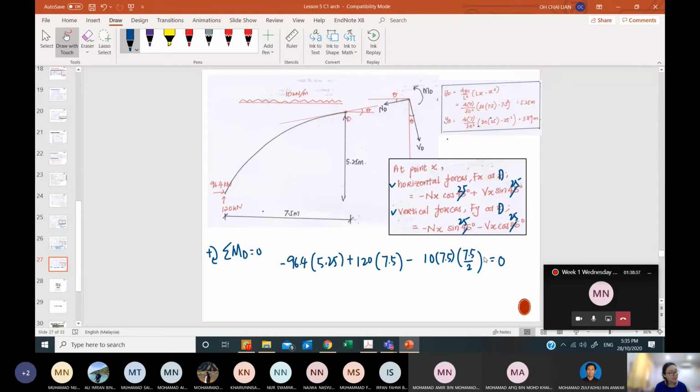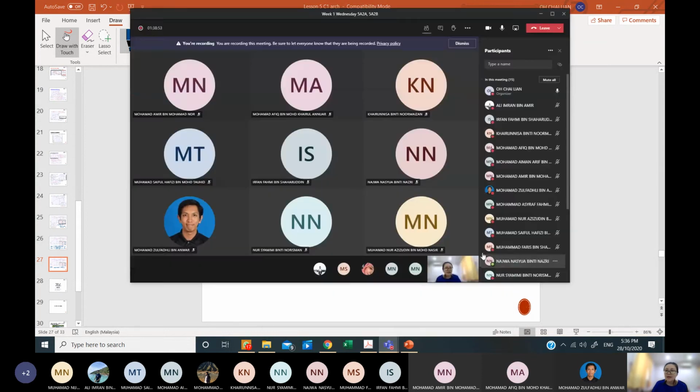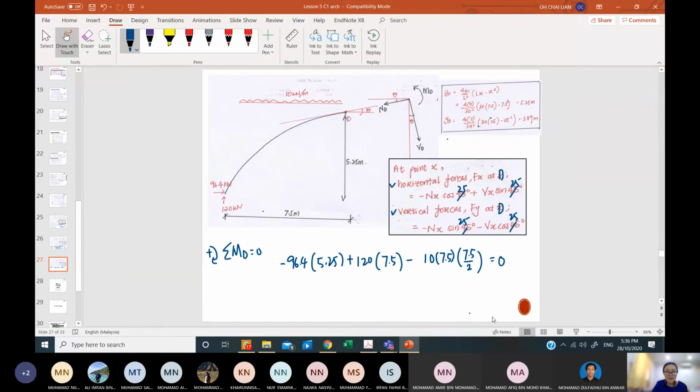Missing something. Anyone can help? Hi class, can I point at somebody to answer this? Let's have Kairunisa. We are getting fewer and fewer students in my class now. What happened? Kairunisa, can you help? We are missing something in this equation. What is that?